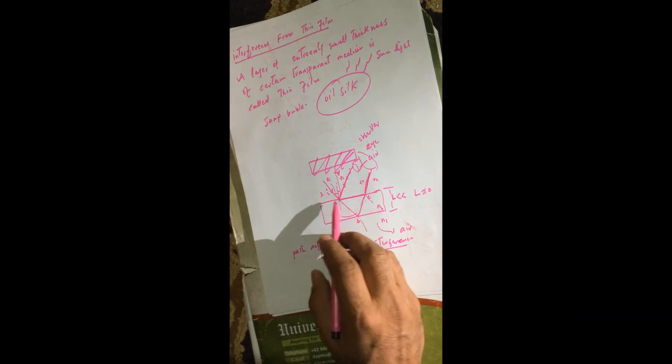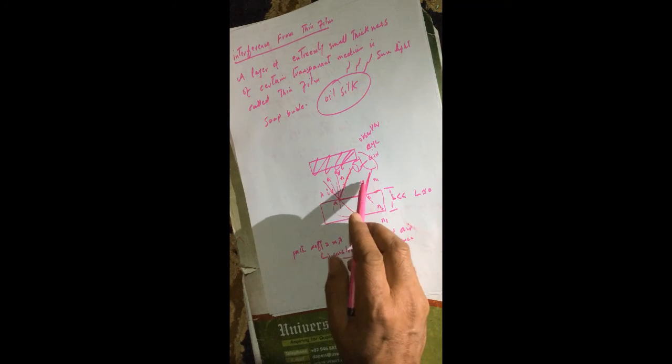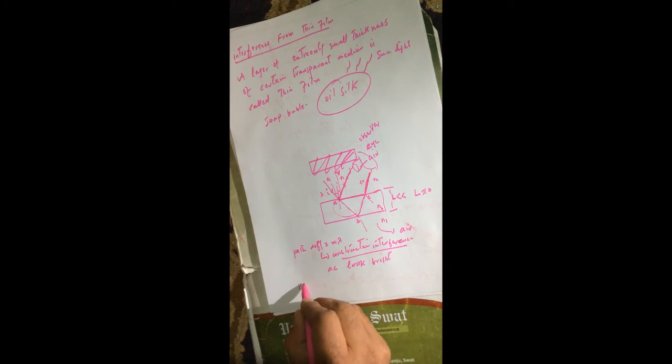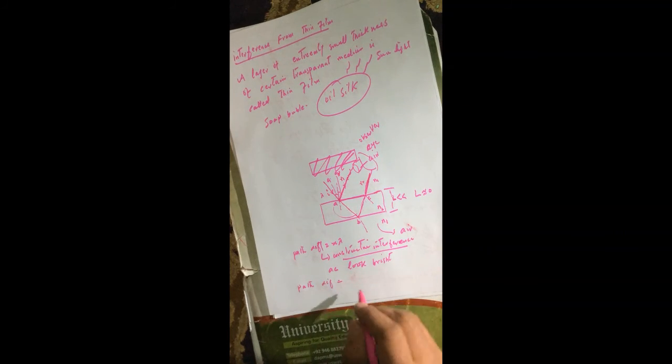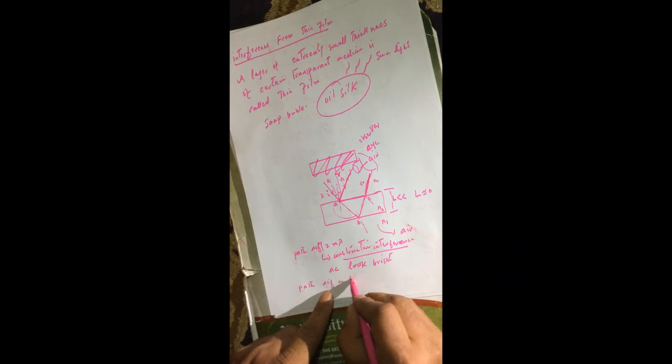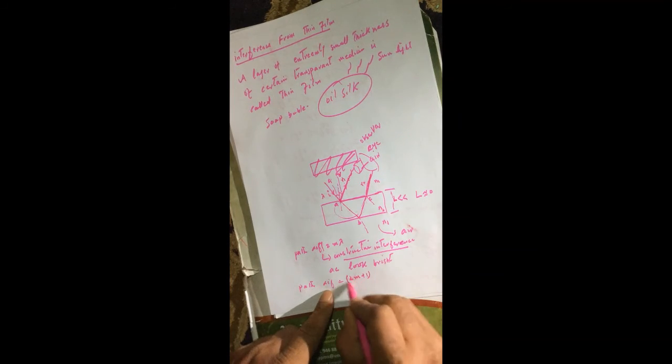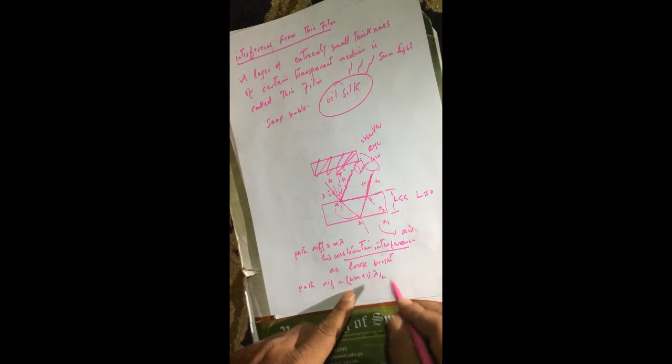On the other hand, if the path difference between ray 1 and ray 2 is an odd multiple of lambda by 2, like (2m plus 1) lambda by 2, then we have destructive interference.